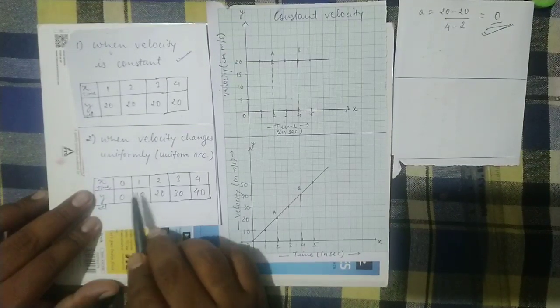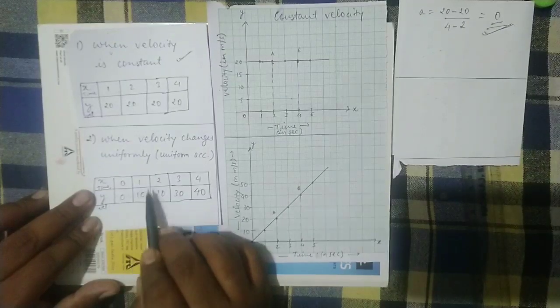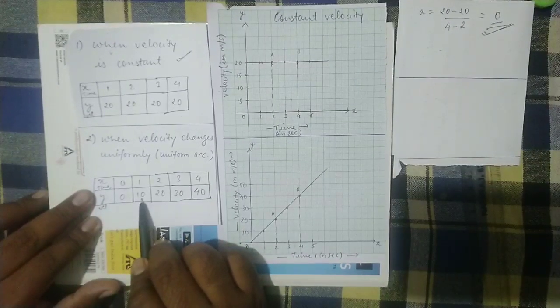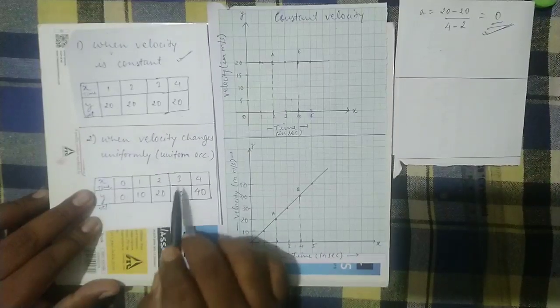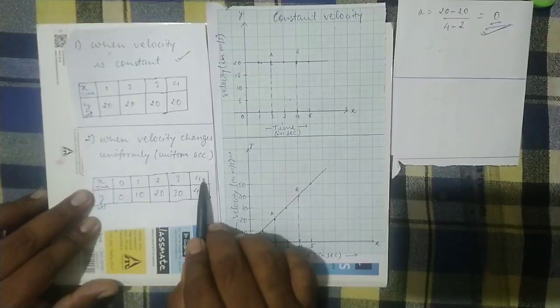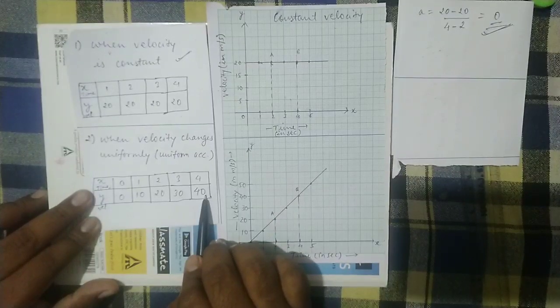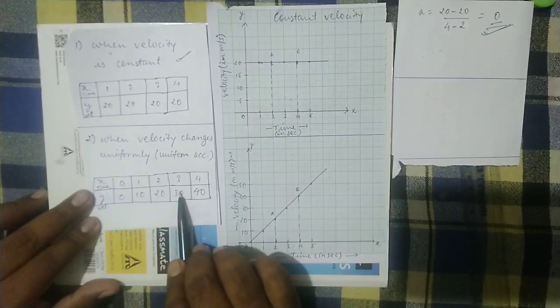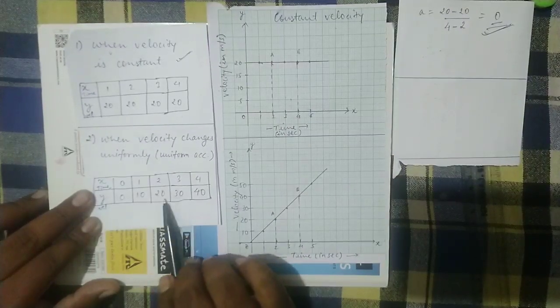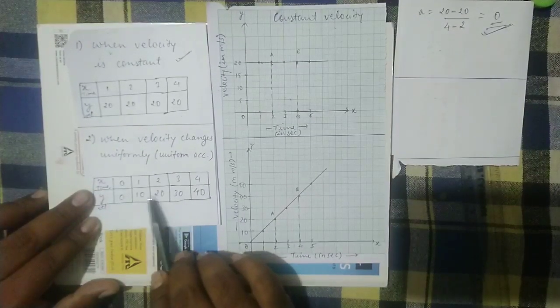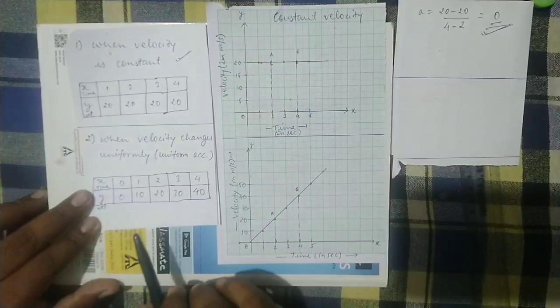At the first second, the velocity of the vehicle is 10 meters per second. In the second, 20 meters per second, third 30 meters per second, and fourth 40 meters per second. You can see the velocity is changing uniformly. There is a change of 10 meters per second in each.